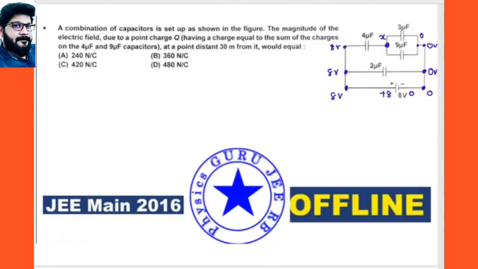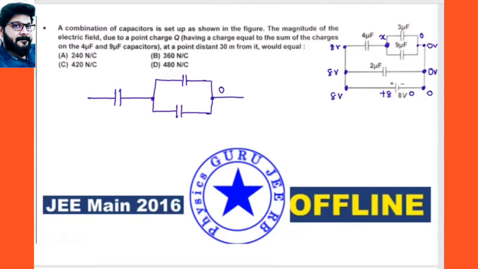Now I'll draw that circuit. Here it is X, which is connected to here, it is 0.